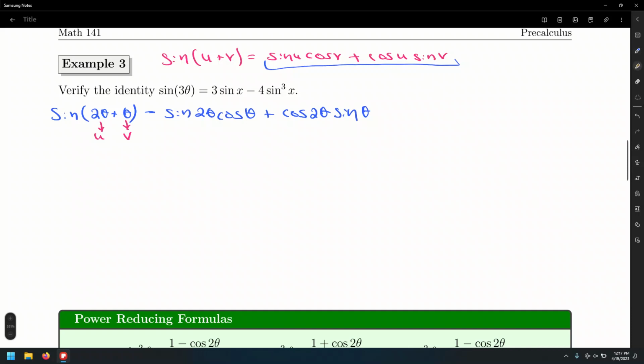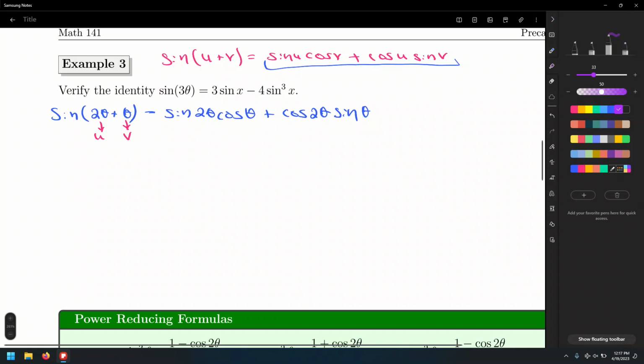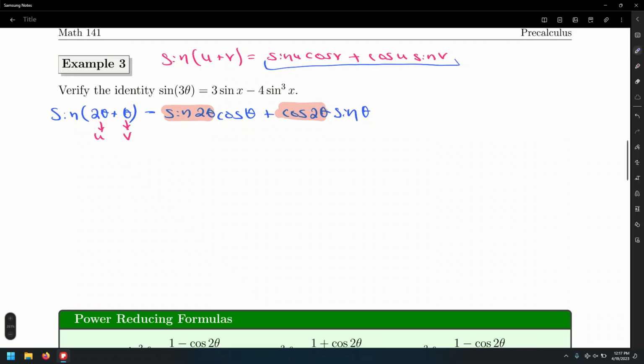Check this out. We will replace this sine 2 theta and cosine 2 theta with the formulas that we just learned on the previous page. That is, we will replace sine 2 theta with 2 sine theta cosine theta.